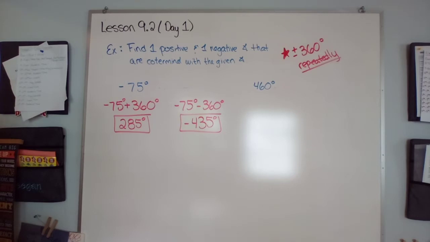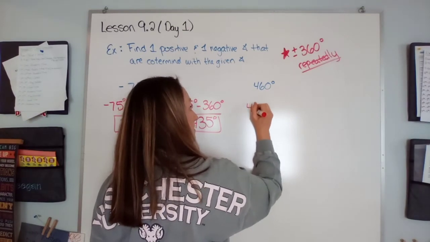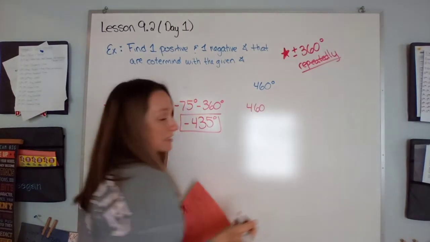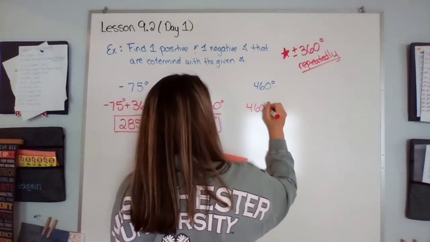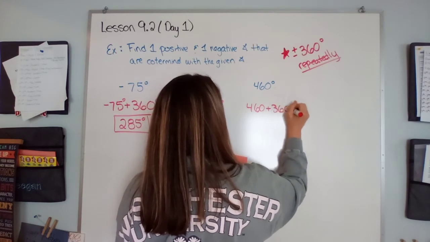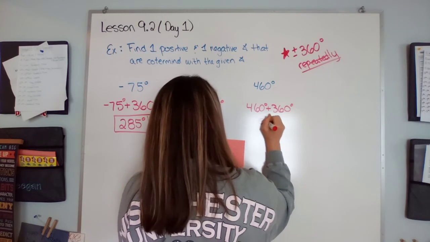All right. Now for 460, okay, same thing. If I take 460 and I add 360 to it, is that going to give me a positive? It will. Okay, so add 360 to 460, and you get 820.